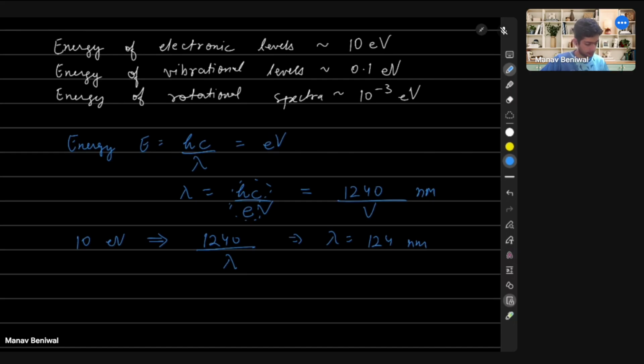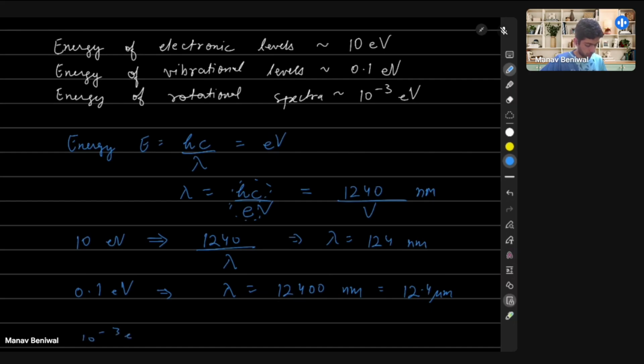Similarly, 0.1 eV will give us lambda as 12400 nanometers, or roughly 12.4 micrometers.